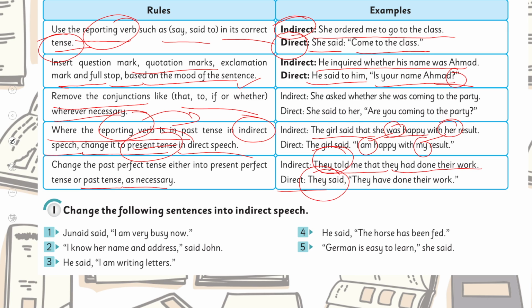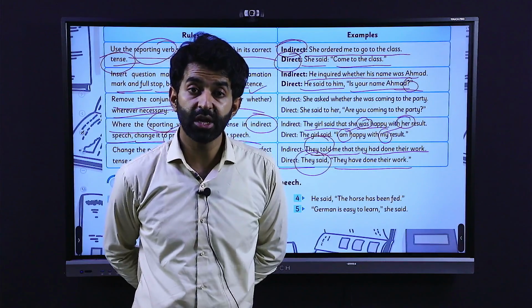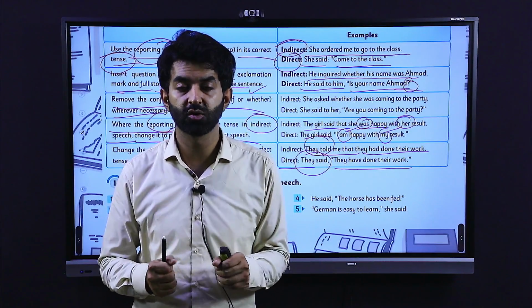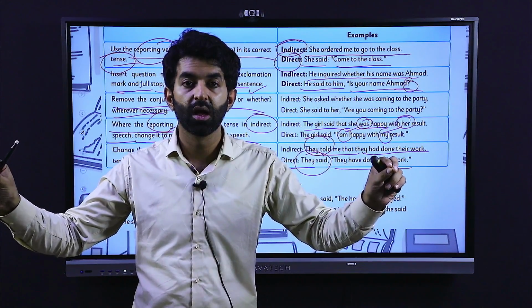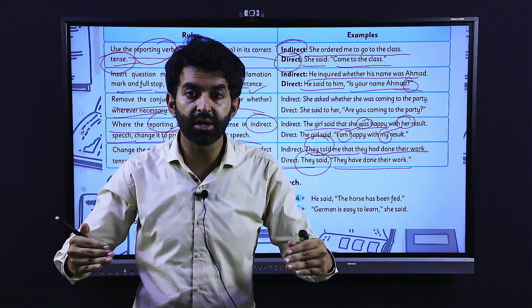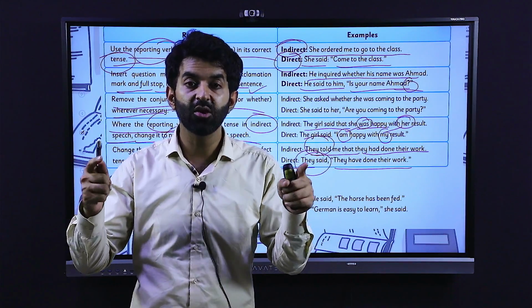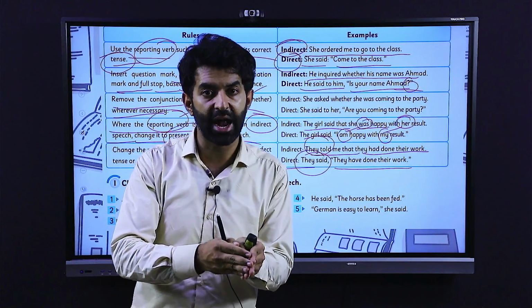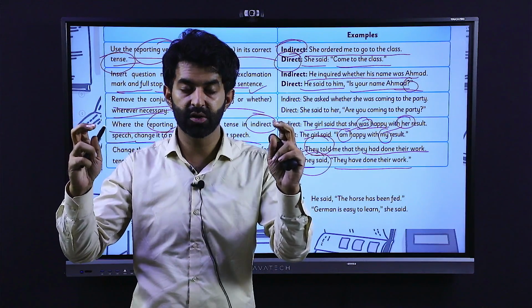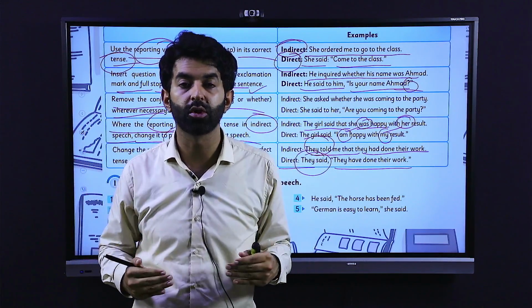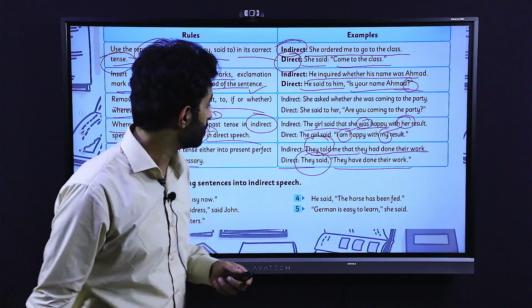They said, comma, then the quotation marks. Because students, for direct speech, for reported speech, quotation marks are very much important. So if you are given an indirect speech and you are asked to convert it into direct speech, then you have to remove the conjunction that or others and change it into quotation marks to make it a reported or direct speech.